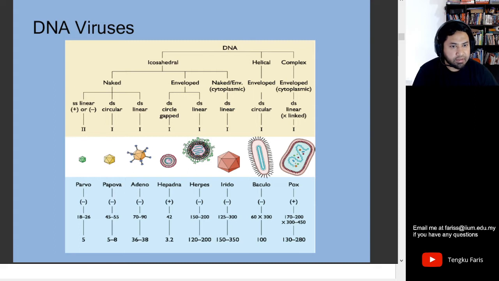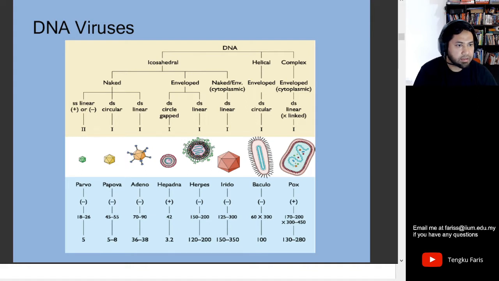Under the naked, we can find positive sense or negative sense viruses. SS is single-stranded, DS is double-stranded, circular or linear. For the enveloped, you have double-stranded circular gapped, and double-stranded linear.